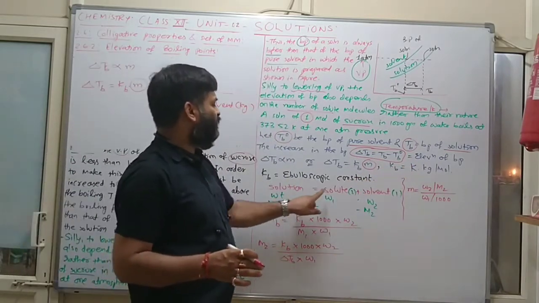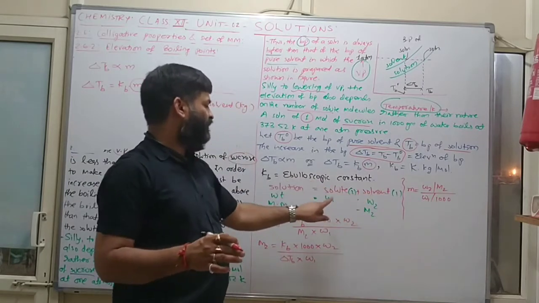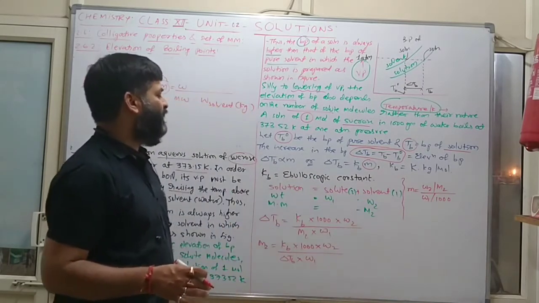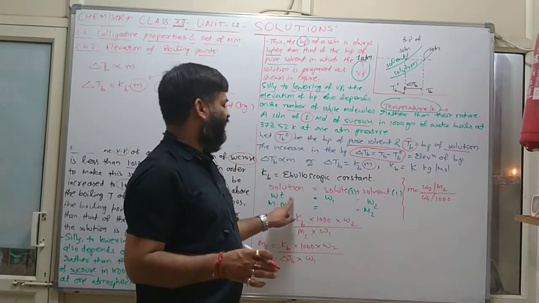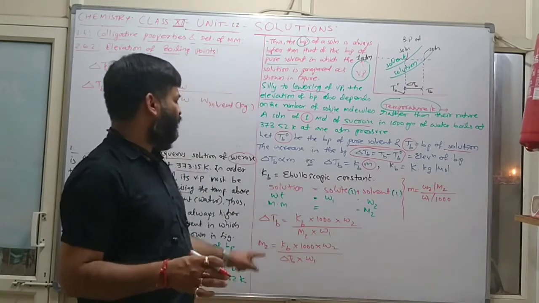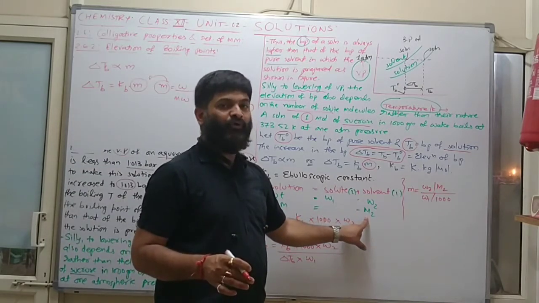So solution is equal to solute plus solvent. Solute is represented with 2 and solvent is represented with 1. So the weight of solute is W1, the weight of solvent is W2, and the molecular mass is M2.